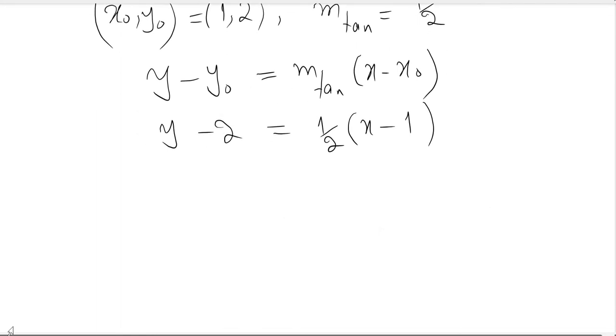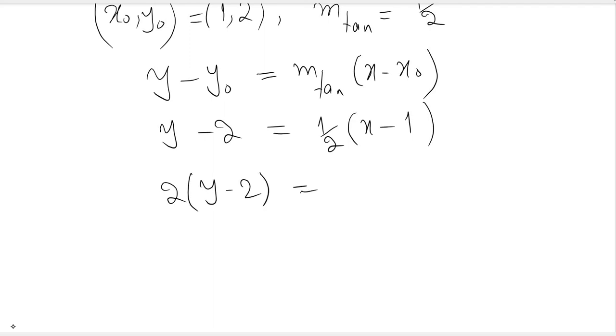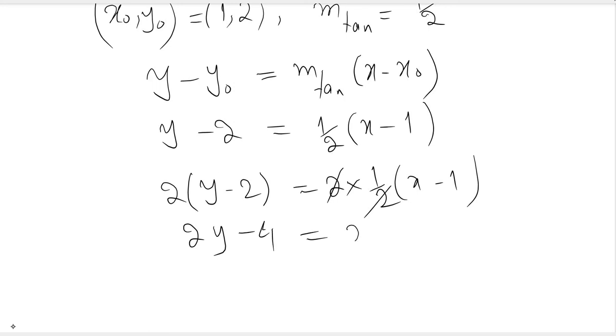You can leave it like this, or you can simplify it. Multiply by 2 on both sides. The 2 cancels out the denominator, the 2 is multiplied with the y and the 2, and the 1 is multiplied with the x and the 1.